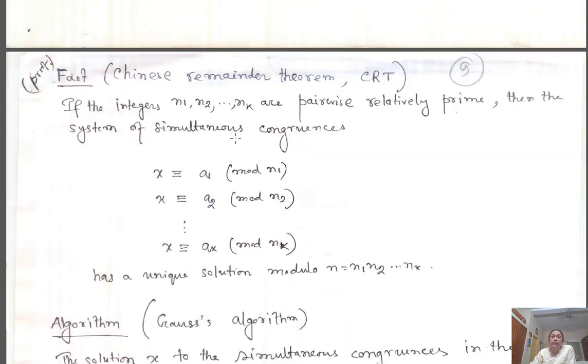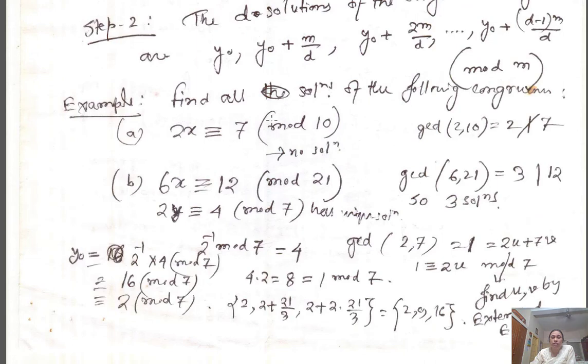Now this is another important theorem that we use several times in designing public key crypto systems. Suppose I have a system of linear congruences. Earlier it was one linear congruence equation; now I have a system.